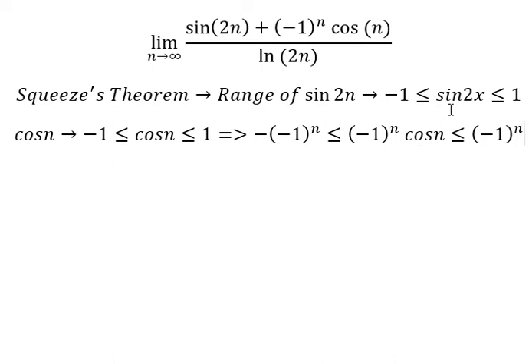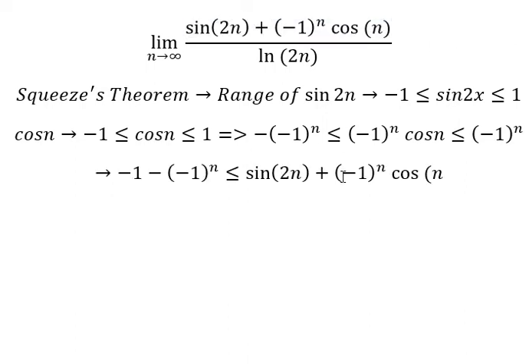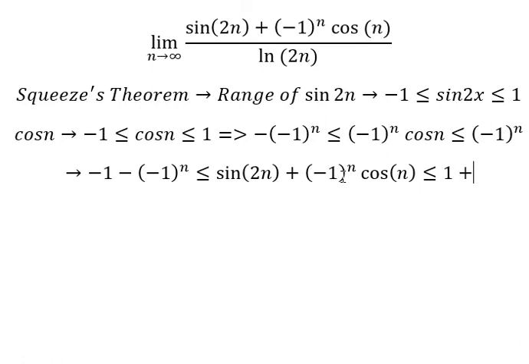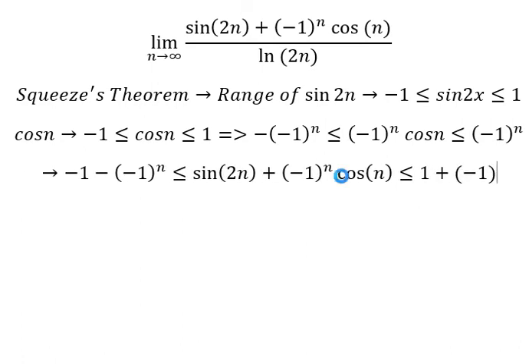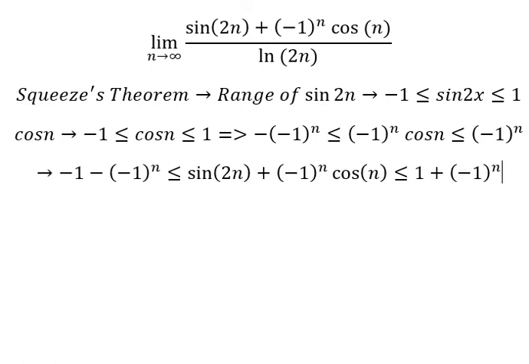Now we need to sum the two equations together. Next, we divide by ln of 2n for both sides.